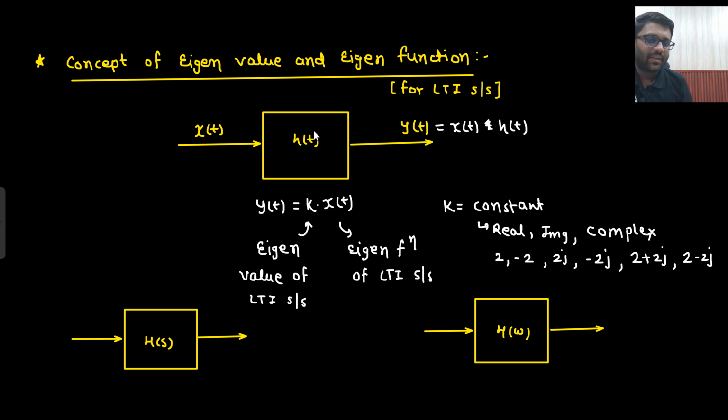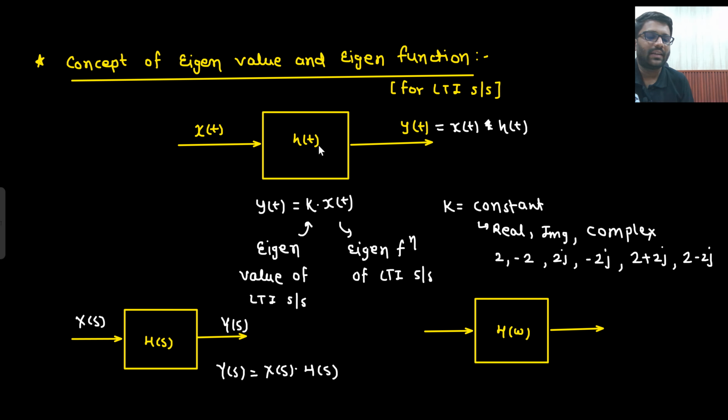Now, if I represent h(t) as H(s), that means I am representing this LTI system in the s domain. This is known as the transfer function of the LTI system, and the applied input is X(s). What will be your output? Y(s), and Y(s) is given as X(s) times H(s).